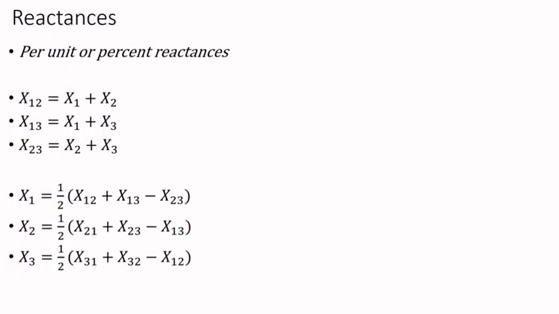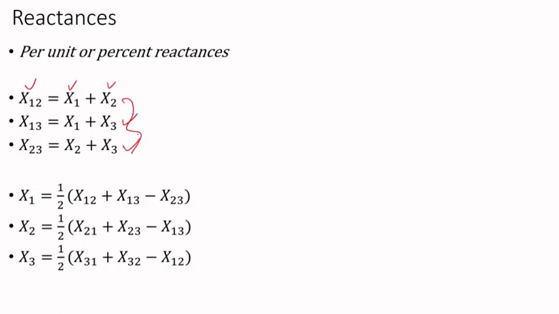And you can do the same thing for reactance. The leakage reactance between winding 1 and 2 is the self-reactance of winding 1 plus the self-reactance of winding 2. The same thing with X13 and X23.